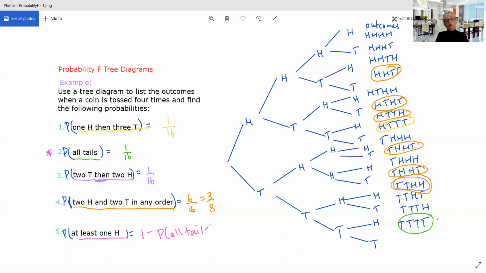They are complementary events. Either you get at least 1 head or you have all tails. So we've already even worked that out there. So it's 1 minus 1/16, which of course is 15 on 16. You could, if you really wanted to, circle all 15 outcomes and put 15 on 16. But, you know, we've already worked this out and we should know that they're complementary events. So why not use that?